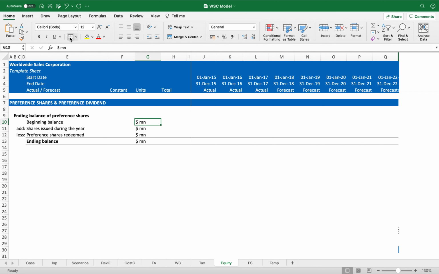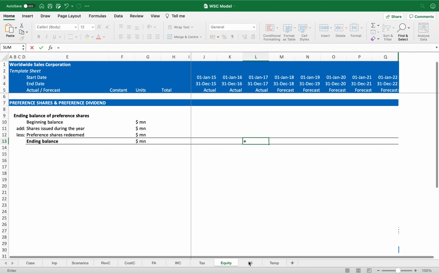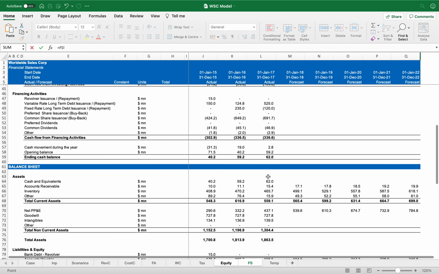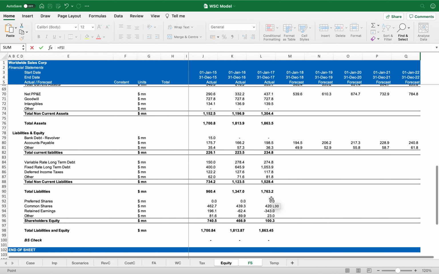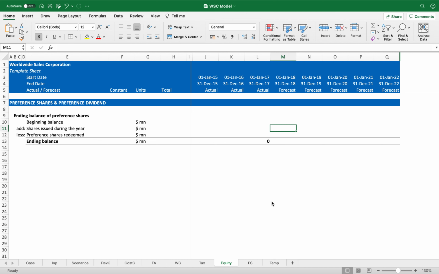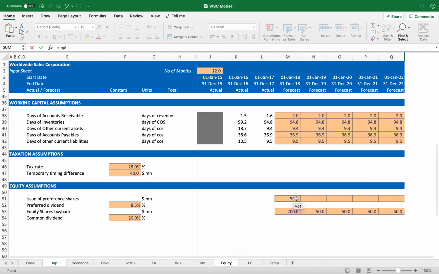In millions of dollars. Do we have an ending balance for 2017? Let's link it from the financial statements. Preference shares, it is 0. So if it is 0, then the beginning balance next year will also be 0. So I can link the beginning balance to the closing balance of the previous year. Shares issued during the year, I have from my input sheet.